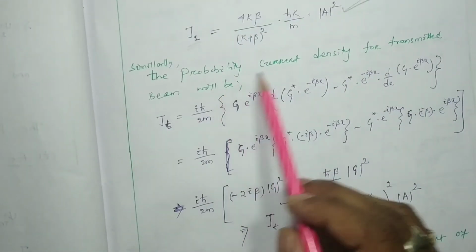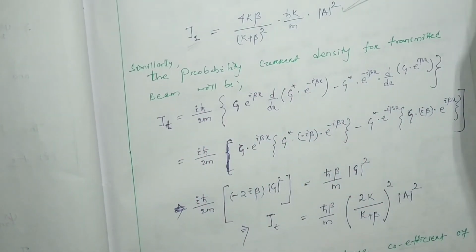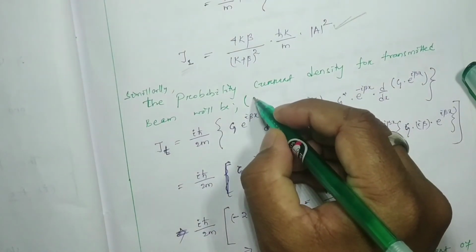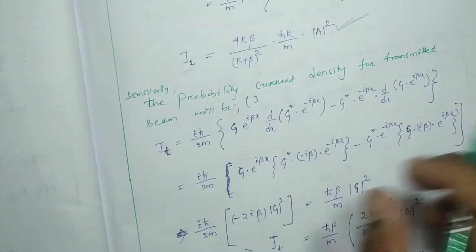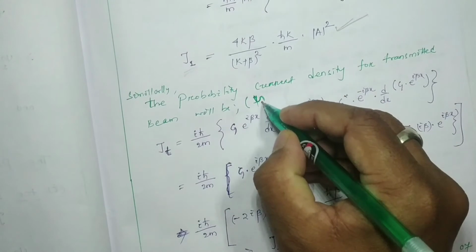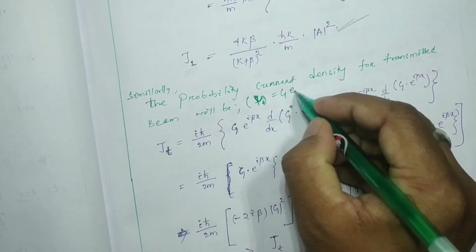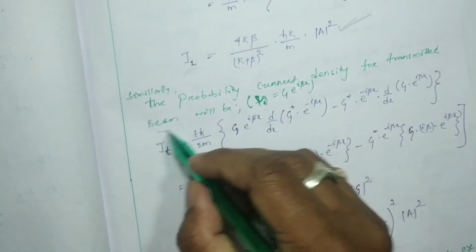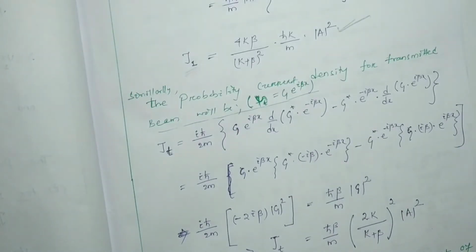Now similarly, the probability current density for the transmitted beam. For the transmitted beam we have to use the transmitted wave function, and the transmitted wave function psi t is nothing but G e to the i beta x. We have to use this one. You just add in this heading that psi t is equal to G into e to the i beta x.